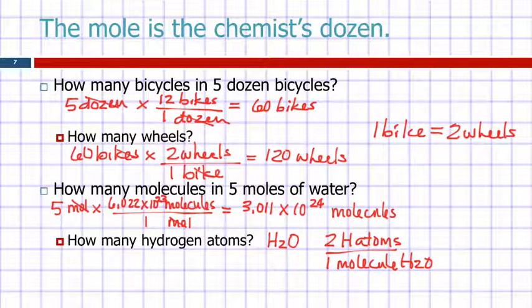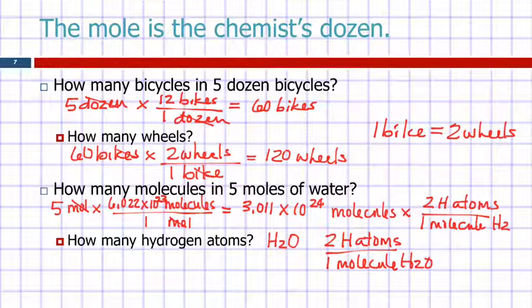So if I want to know how many hydrogen atoms in 5 moles of water, I already got the number of molecules here. I can just keep going and say, well, there's 2 hydrogen atoms per 1 molecule of water.